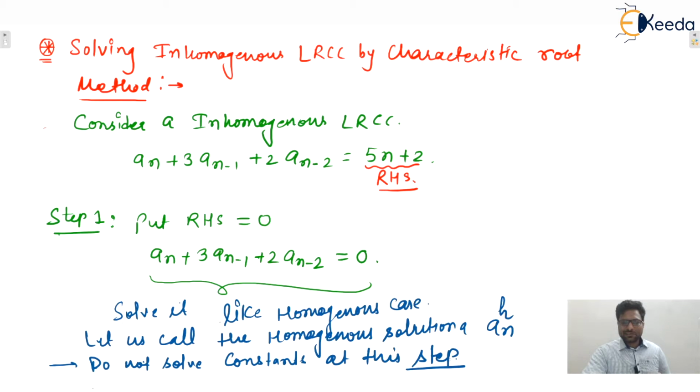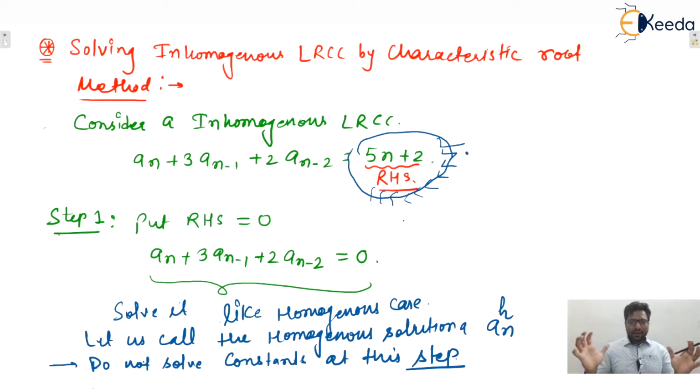Next, the second step is to find the trial particular solution. The trial particular solution is chosen based on the format of the right hand side function. According to the format of the right hand side function, we will choose one trial particular solution, according to the table. Finally, we will add both the solutions, homogeneous as well as trial particular, then see how to find the constant values, and after that we'll see the solution.